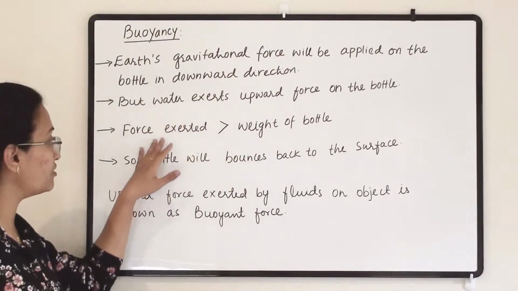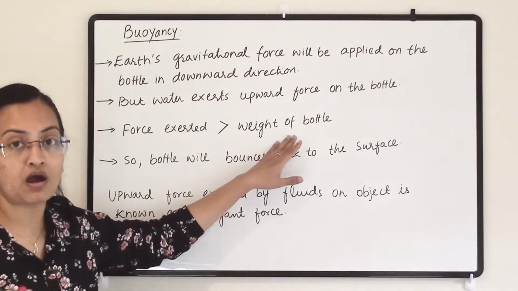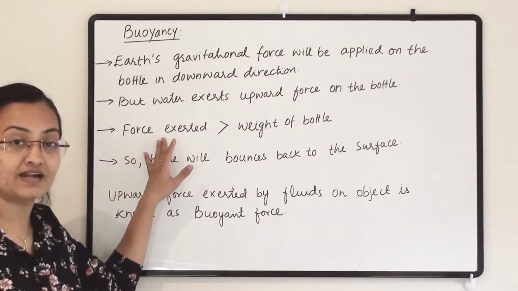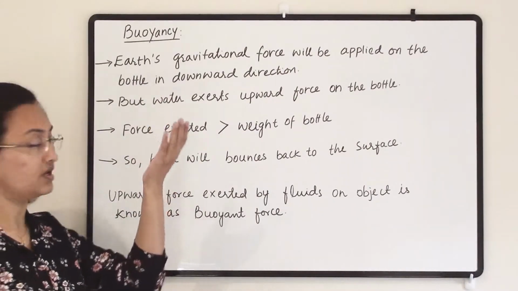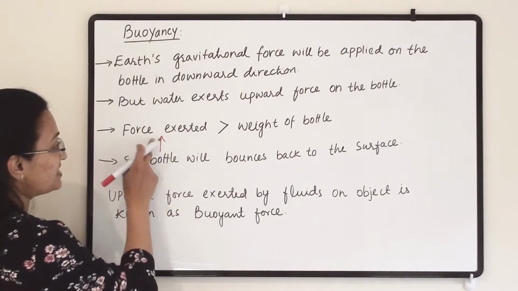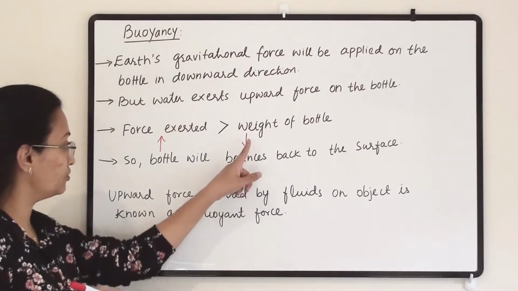Here the buoyant force is higher compared to the gravitational force on the mass of the object. In that situation, the bottle will come up, because the force applying upward is higher compared to the force applying downward, which is lower.